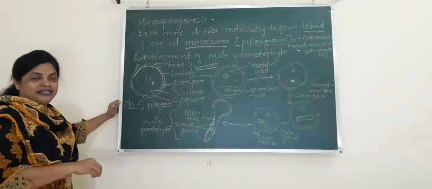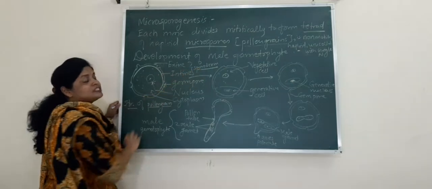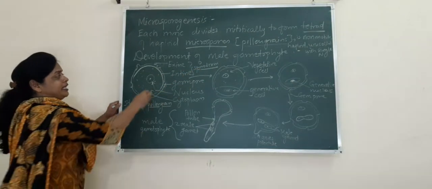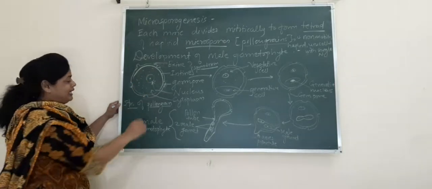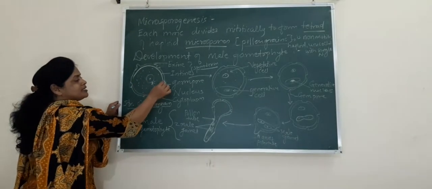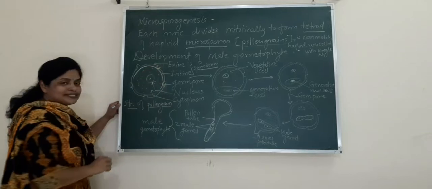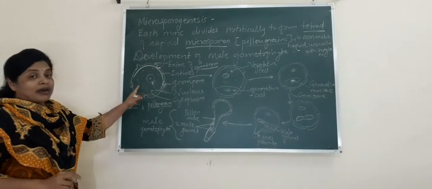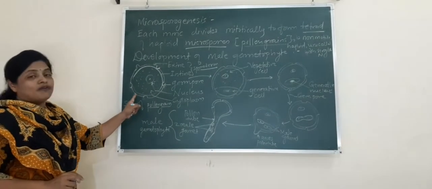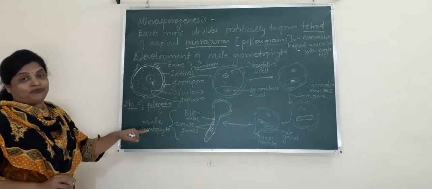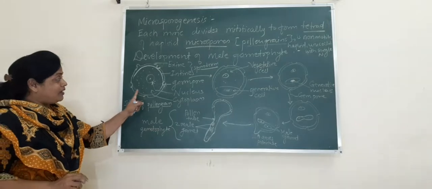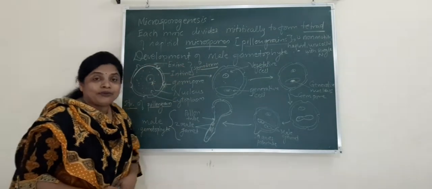Internally they show the single nucleus in the cytoplasm, and they also show germ pores. These are germ pores. This structure of a pollen grain marks the beginning of the development of a male gametophyte.